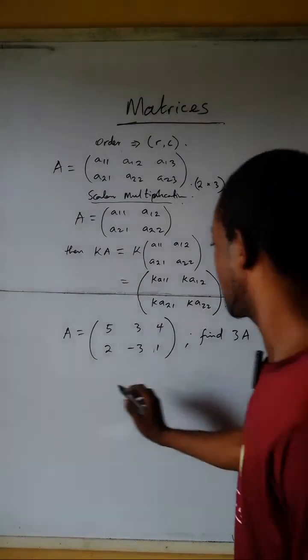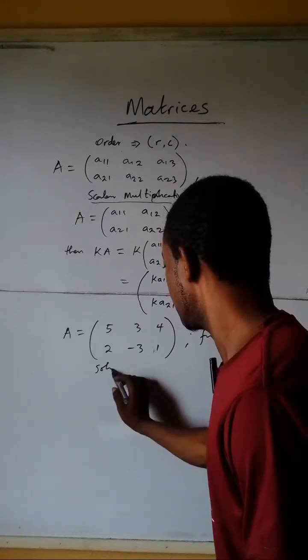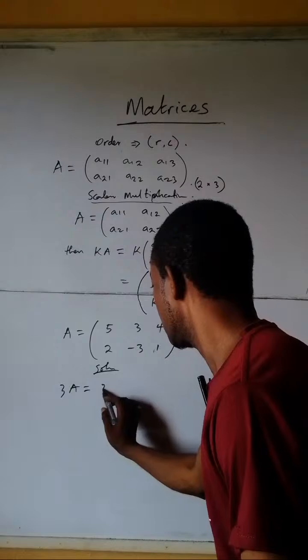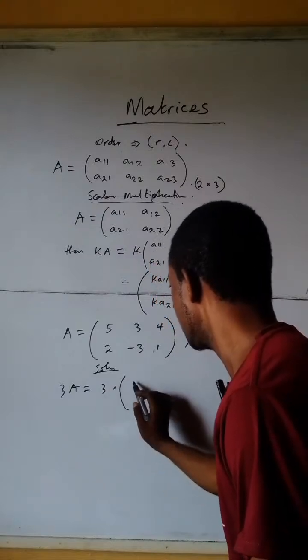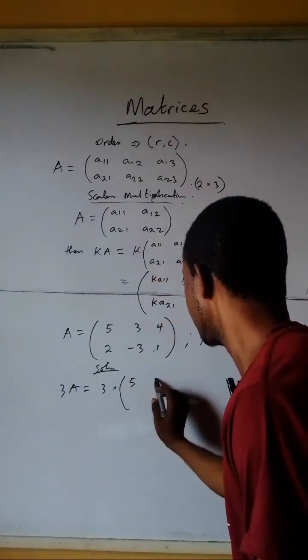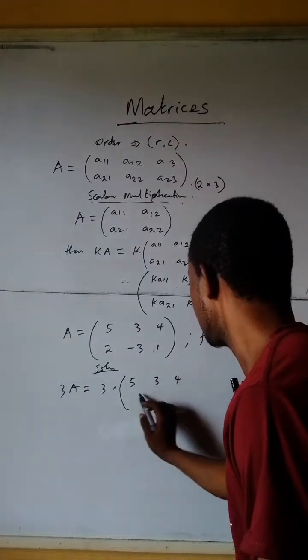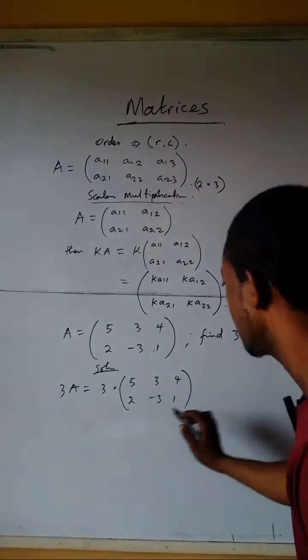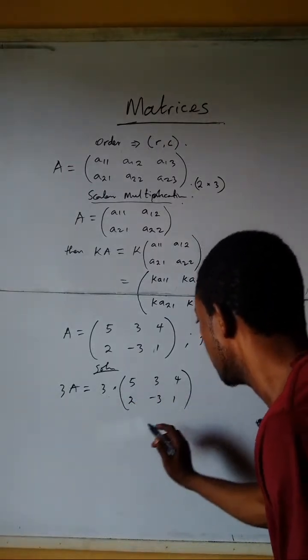Then it implies that 3A here will be equal to 3 multiplied by this matrix, which is 3 times 5, 3, 4, 2, minus 3, 1. So 3 multiplies each of these numbers.